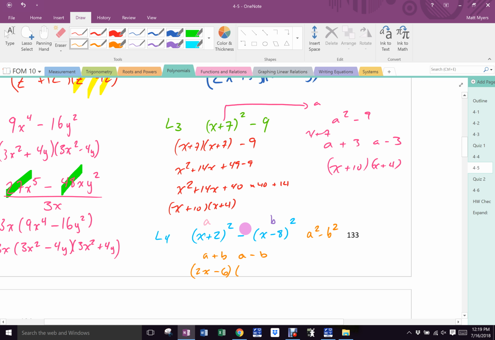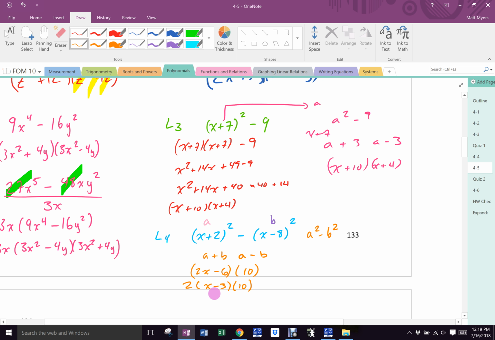And 2 minus minus 8 is positive 10. Then, of course, you would factor a 2 out of there and be left with x minus 3 times 10. If you didn't understand what I did there, stop me now so I can explain it better.